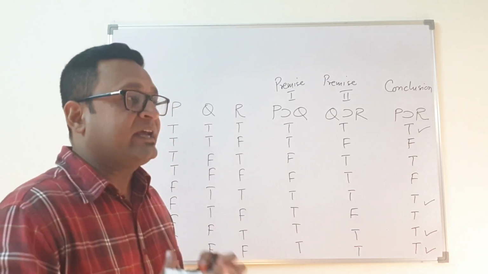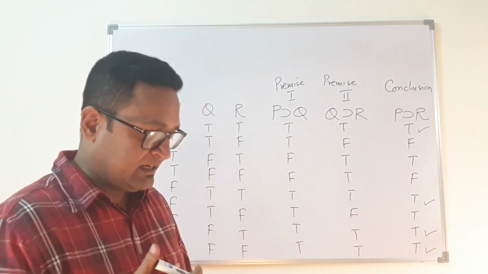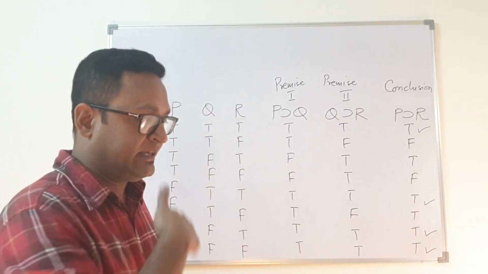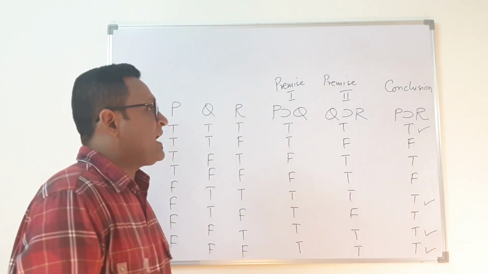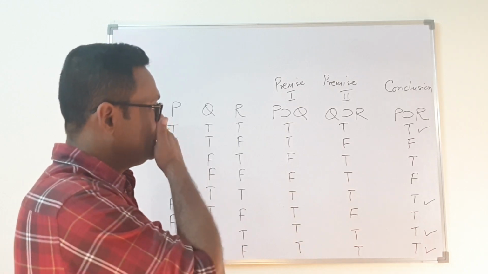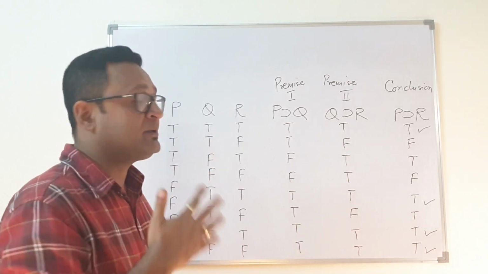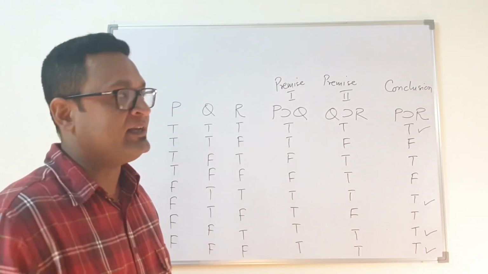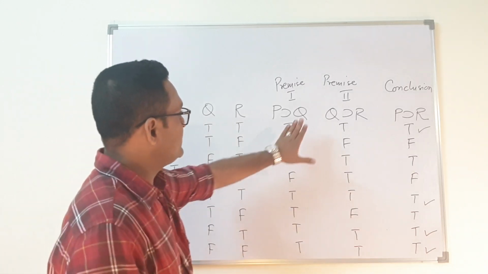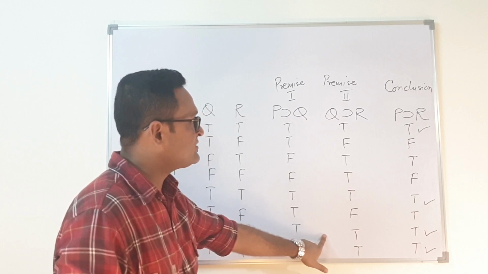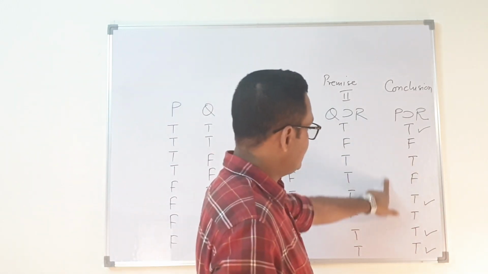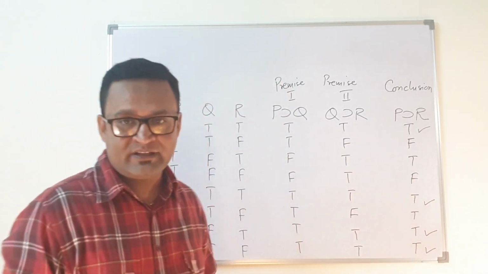Now you can check it with the help of that understanding which I gave a few minutes back in this lecture, that is how you can see whether the premises implying the conclusion is a tautology. Now you know that these are the premises. If we put an AND function between these two and we put an implication, we will see whether it is a tautology.